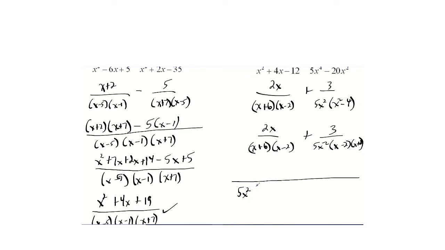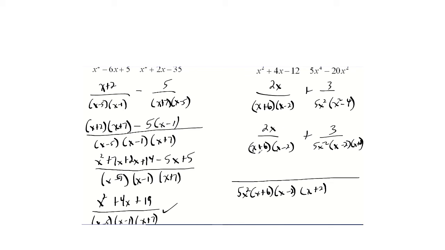Put that out in front. Then I like to go kind of left to right. I'm going to need an x plus 6, and I'm going to need an x minus 2. 5x squared I've got. X minus 2 I've got. X plus 2 I don't have. So all of these factors will make up the denominator of our new fraction.